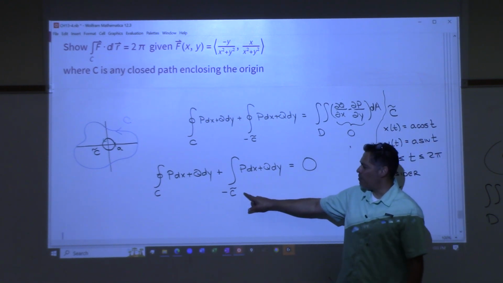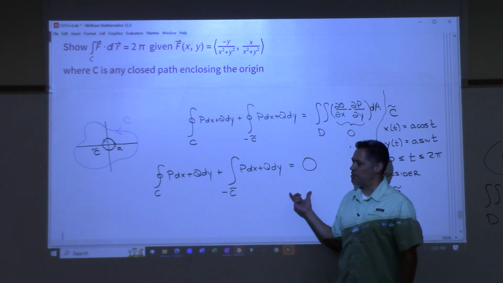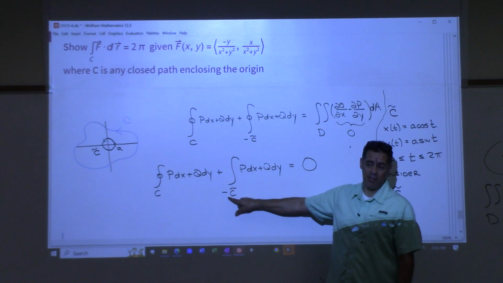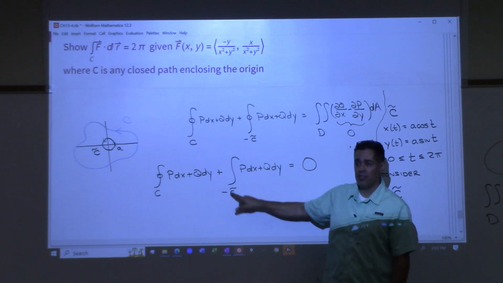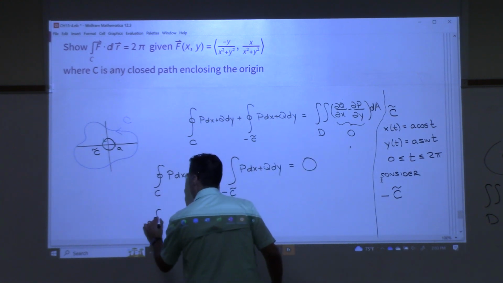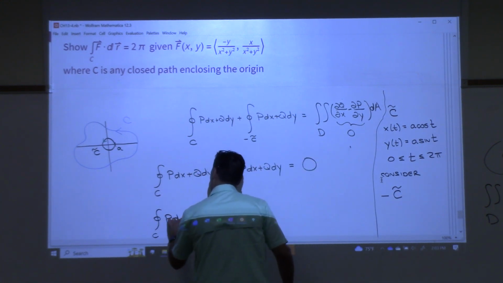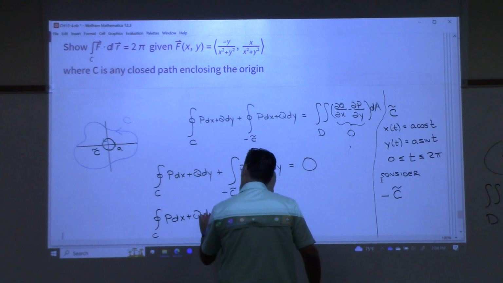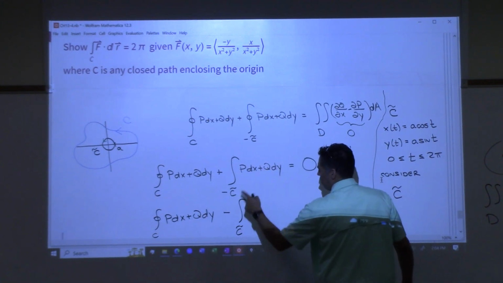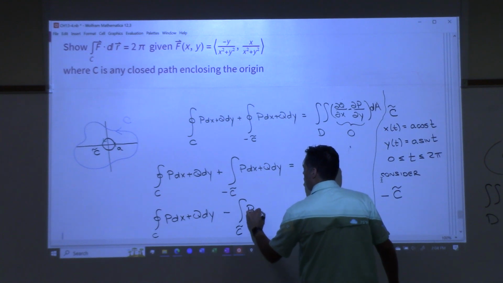What's another way I could write this? Hold on, I want to move this to the other side. Couldn't I make that not negative C tilde anymore, and make that a negative here and change it to positive C tilde? So that could become minus the integral over C tilde, because I changed the direction, so it changed the sign of the line integral.